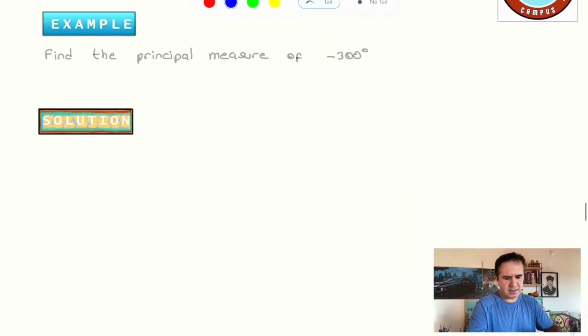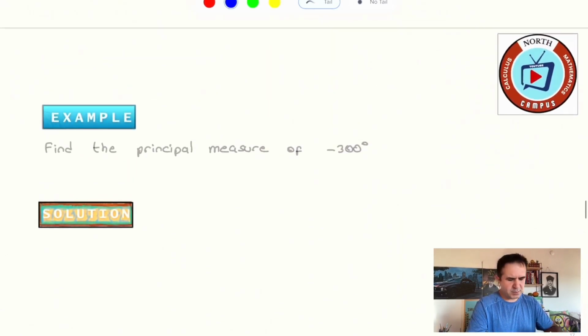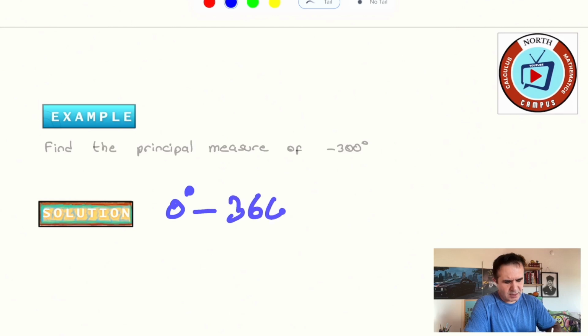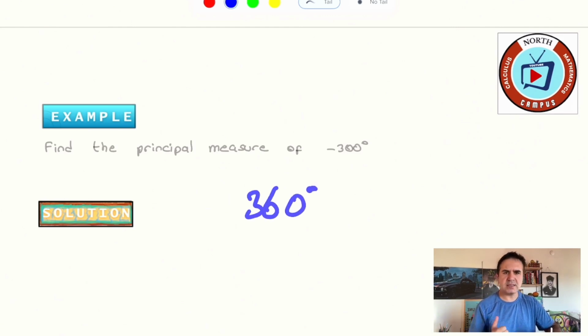And next example, find the principal measure of minus 300 degrees. The principal measure of an angle is the equivalent angle between 0 degrees and 360 degrees, or 0 to 2 pi radians. To find it, we subtract or add 360 degrees until the angle falls within this range, 0 degrees and 360 degrees.